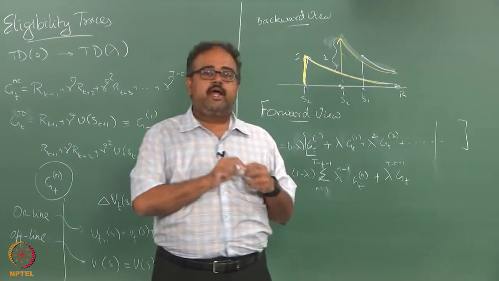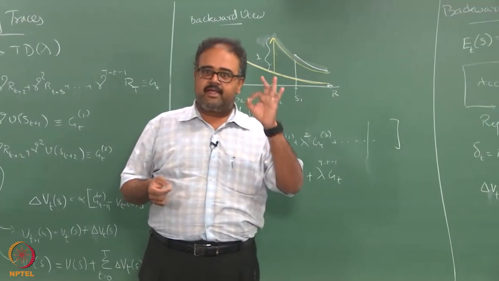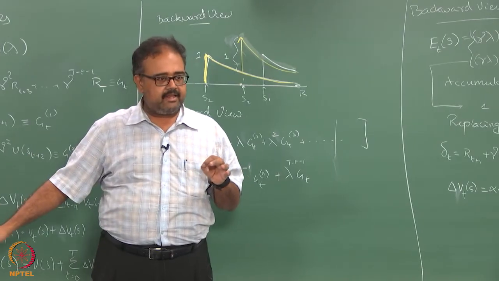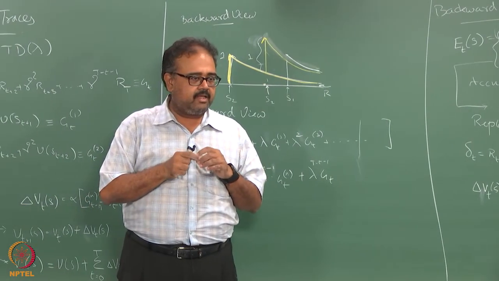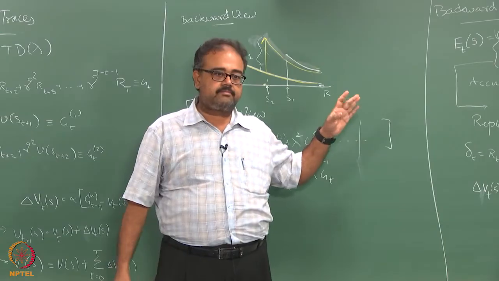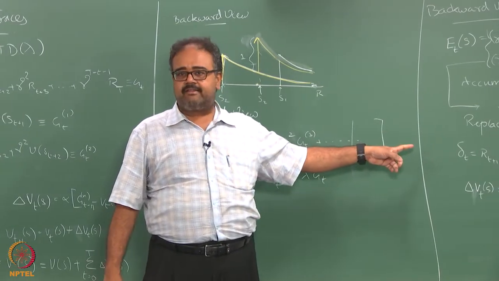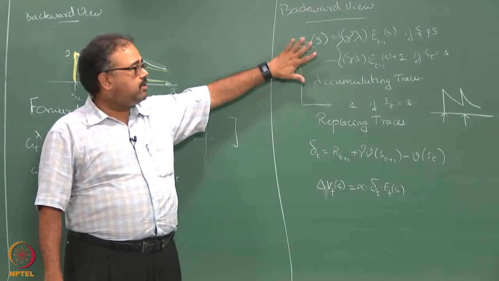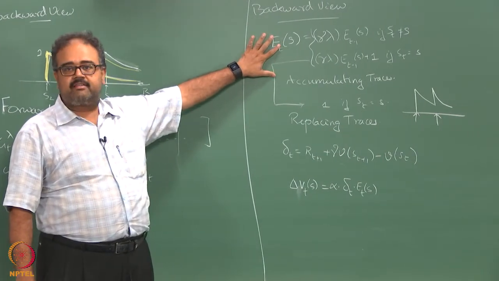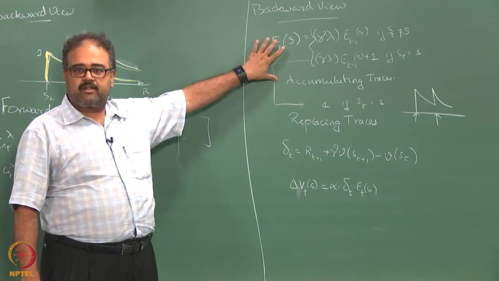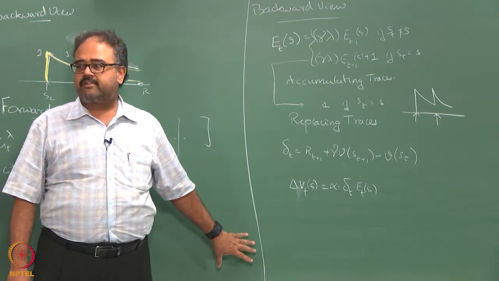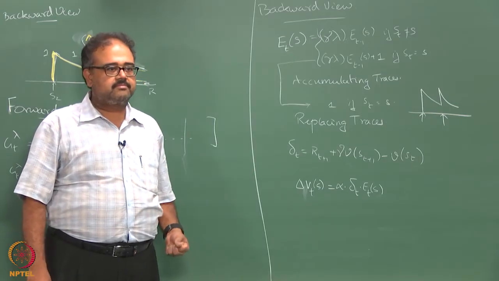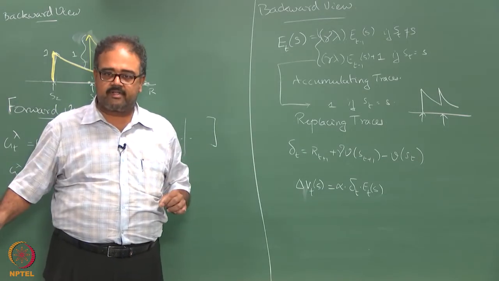Here I do the same thing: I come to a state, I pick an action, I perform the action, I get the next state, I compute the delta, then I update the eligibility trace for all the states, and then I update the value function for all the states and keep going till I come to the end of the trajectory.